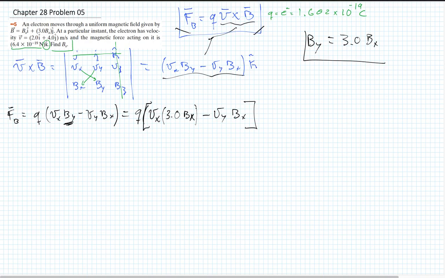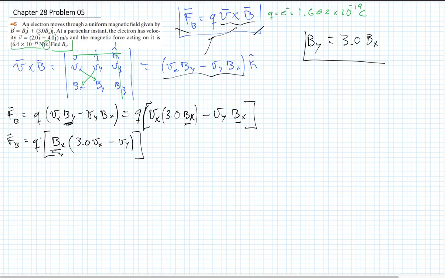Can you see that we have Bx here and Bx here? So let's make our life easy. It's going to be the charge, and then Bx times 3 Vx minus Vy. Do you agree that we're going to have the same thing? Awesome. So now I just need to figure out who is this guy.